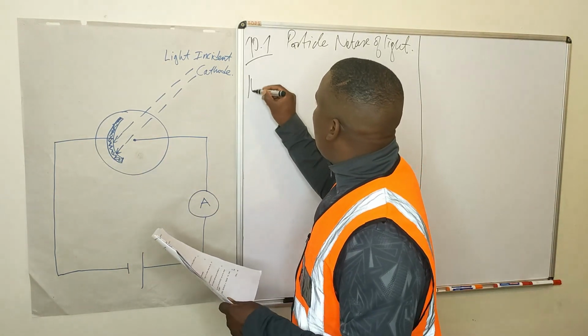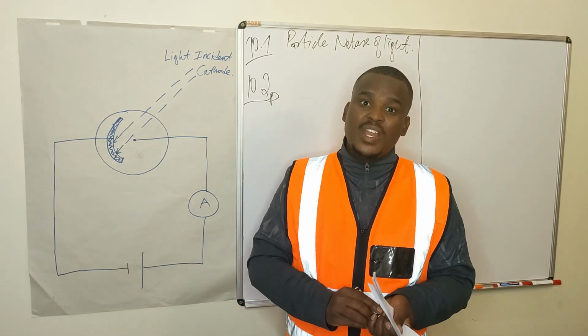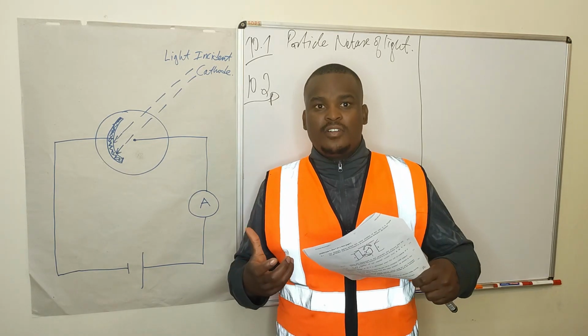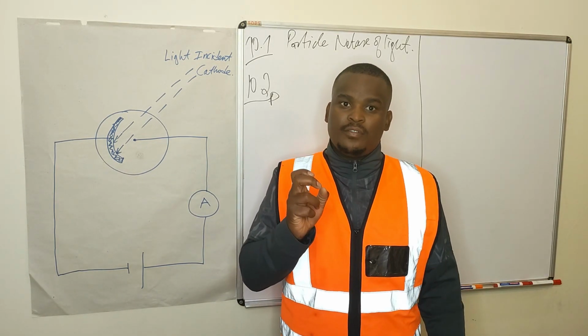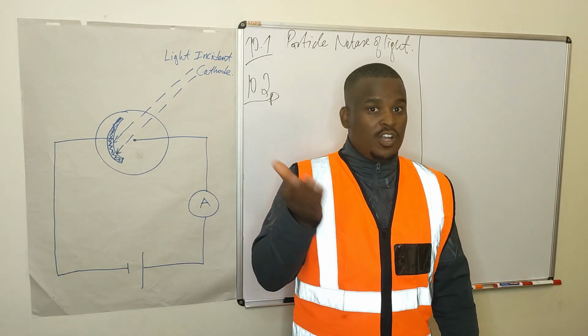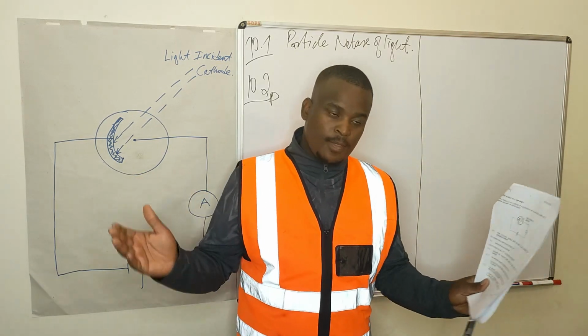I'm not going to write it down, but it is that. It is the minimum energy the photons of the incident light are required to have in order to emit or eject or free or liberate electrons from a metal surface. That's what it is.